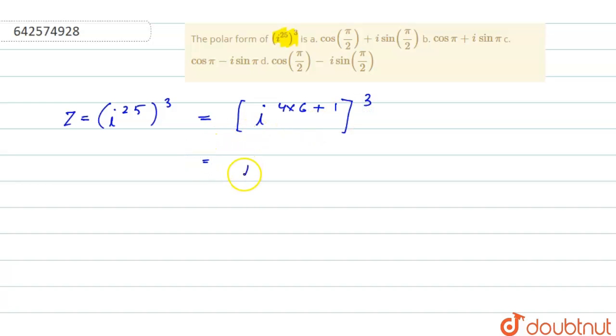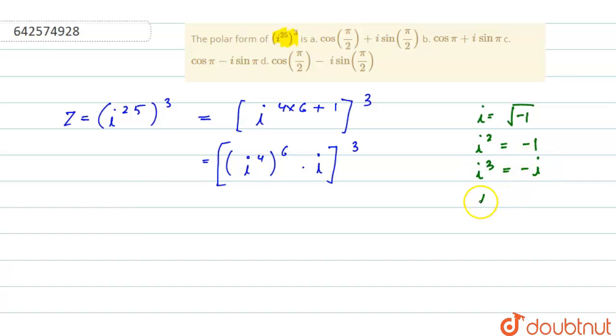Now we can write it as i to the power 4 to the whole power 6, into i, and its whole power 3. Now we know that i equals under root minus 1 and i square equals minus 1. Therefore i cube equals minus i and i to the power 4 equals 1.